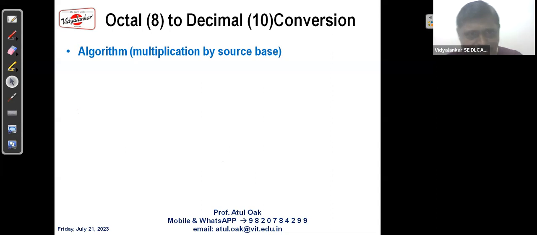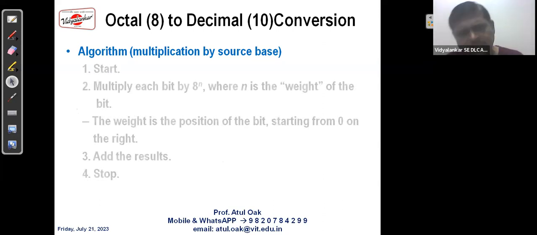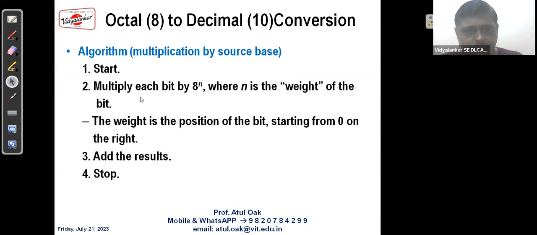My source is 8 because that's my octal. And the steps are also the same. You must have noted only one difference in this algorithm. That difference is instead of multiplying by 2 raised to n, we are multiplying by 8 raised to n.